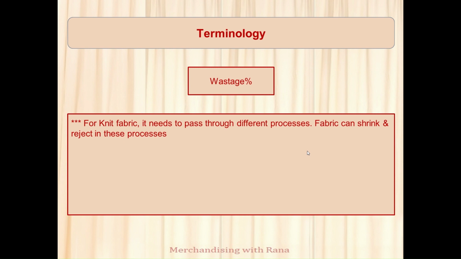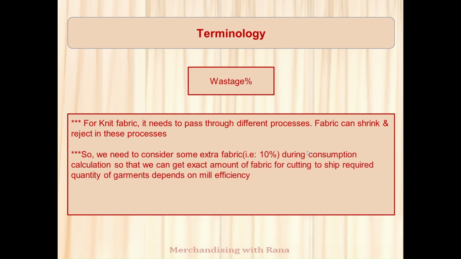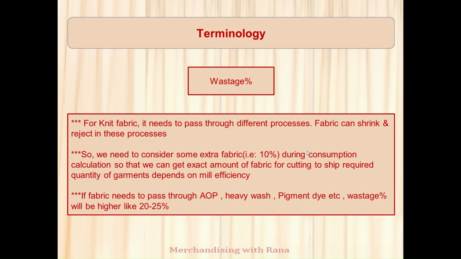So I need to add some extra fabric, like 10%, during my consumption calculation, so that my fabric will not be short. It depends on marker efficiency and styling. Like if I have AOP in my fabric, or heavy wash, or pigment dye, my wastage percentage will be higher, like 20 to 25%.